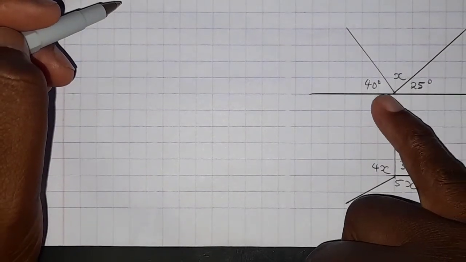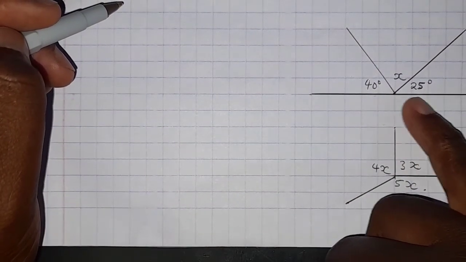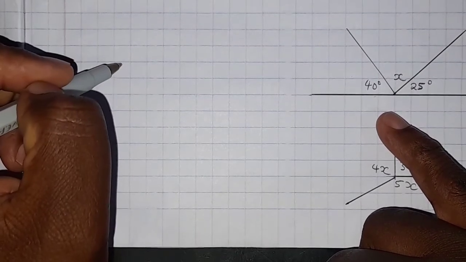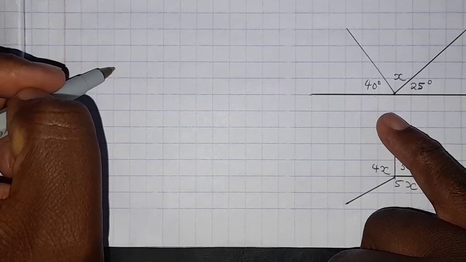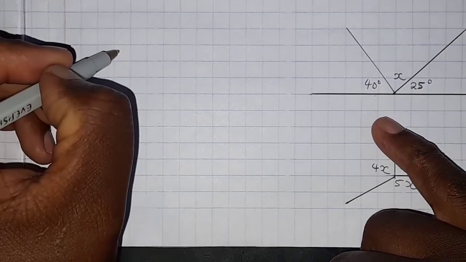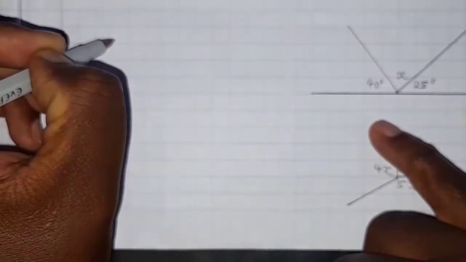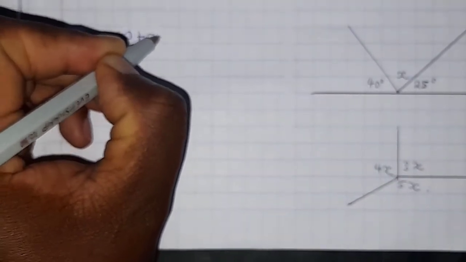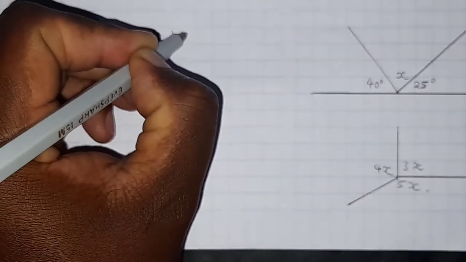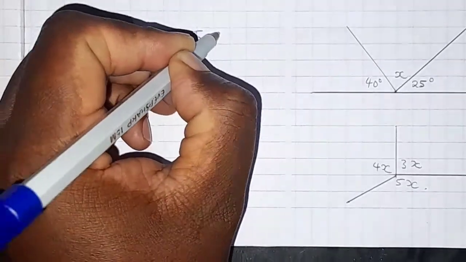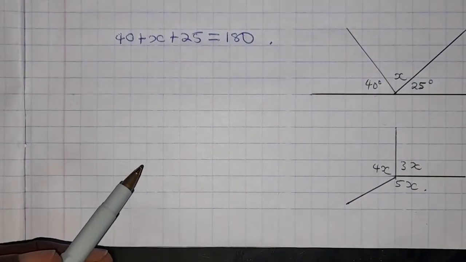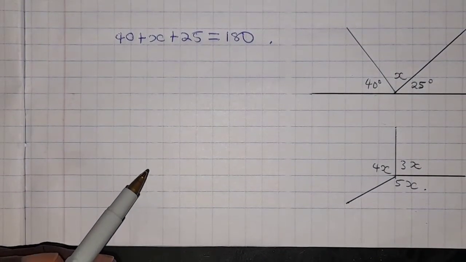And then looking at this one, from what we discussed earlier, we saw that 40 plus x plus 25 is equal to 180. We want to determine the value of x here.